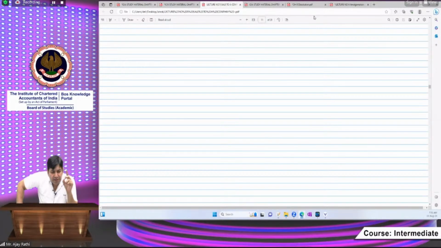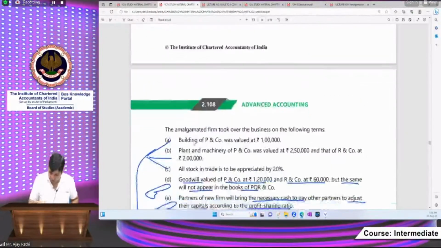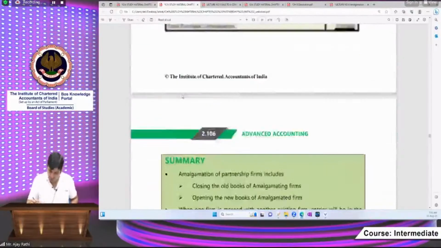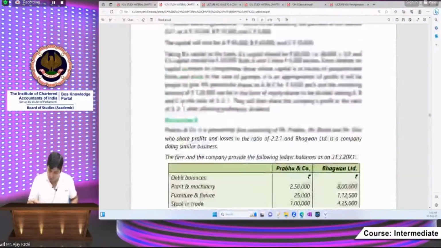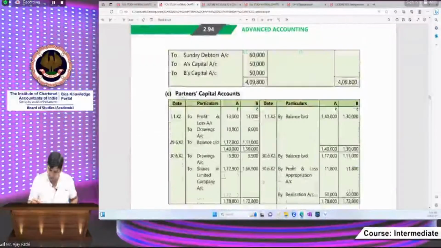Himanshu Patak says: first time, sir, look at the purchase account in the solution of illustration number 2. Make the entry. It is like closing the account of the old firm. Okay, illustration number 2. Beta, I am looking for illustration number 2. Wait a minute.